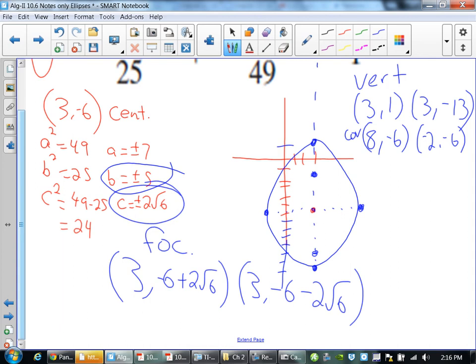Not very scary, is it? It looks like it's going to be awful. Are we going to draw an ellipse where it's not straight up and down or side to side, like it's got an angle? Will we ever know? That's called something different, and I think you do it in pre-calc. I don't remember what that's called.